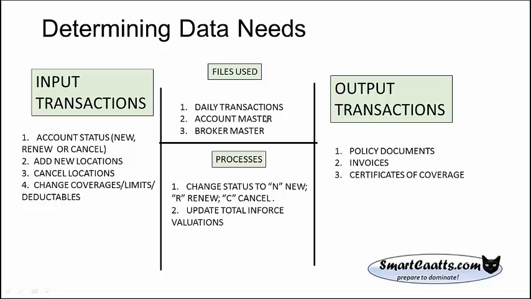So that's a very important file. The broker master's got all your insureds. Insureds have assigned brokers to represent them. But anyway, this is a tool, and I throw that out there, and of course start tracking the output.